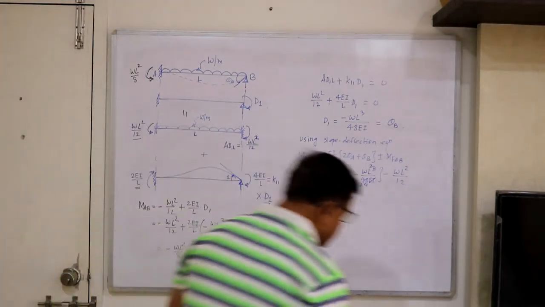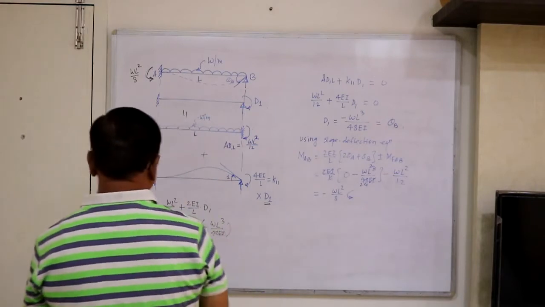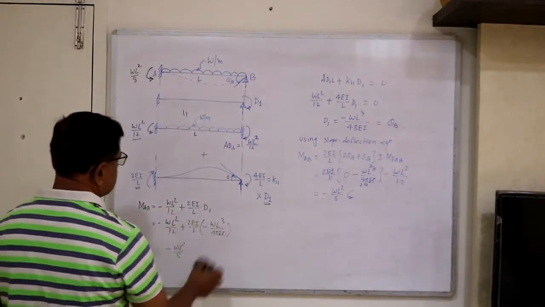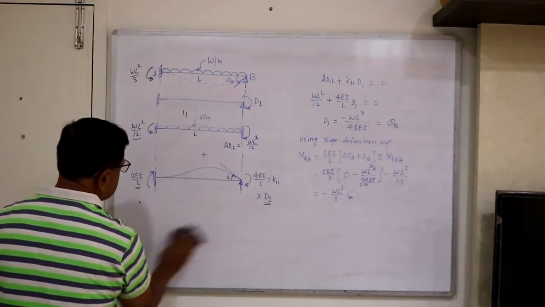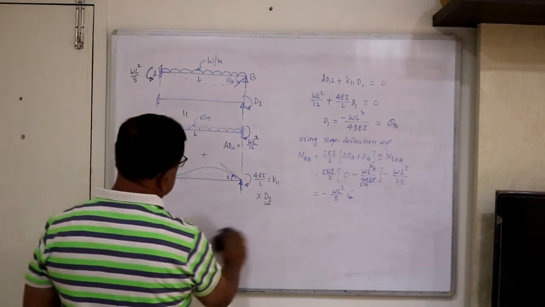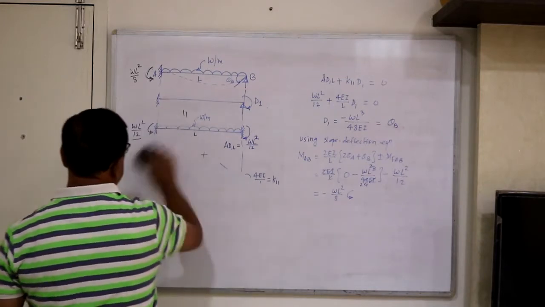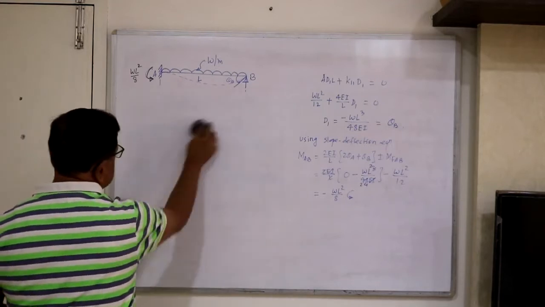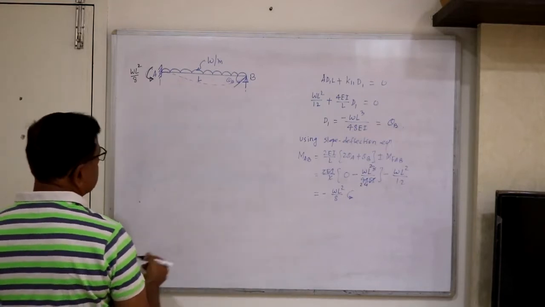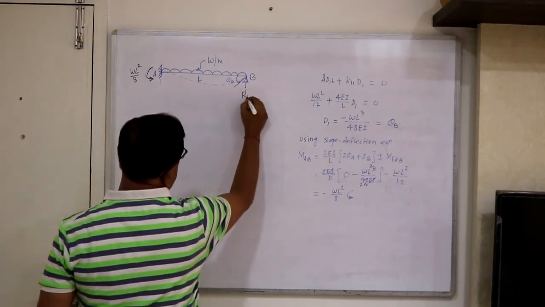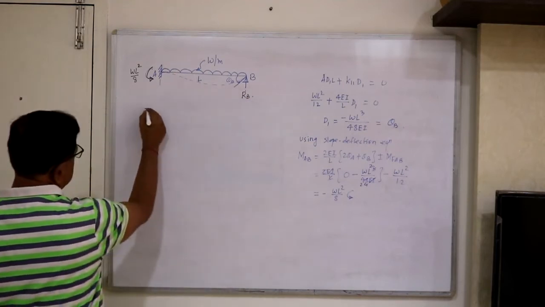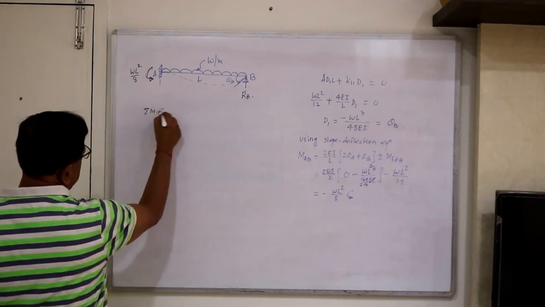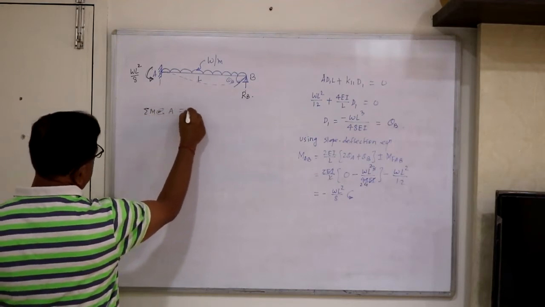Now next, what is the next step? Next step is to find reaction at B, and then you know how to construct these diagrams. Knowing the fixed end moments, how will you calculate RB? So you take summation M about A equal to 0.